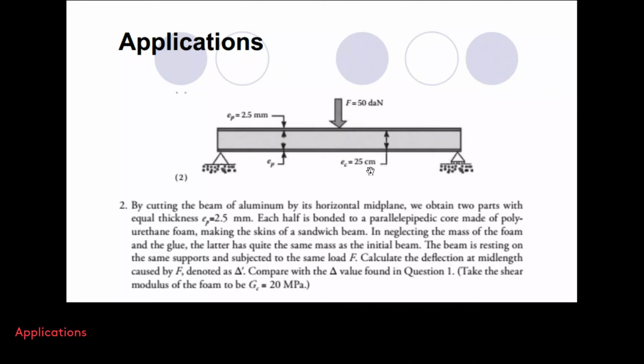So the thickness of the polyurethane core layer is 25 millimeters.